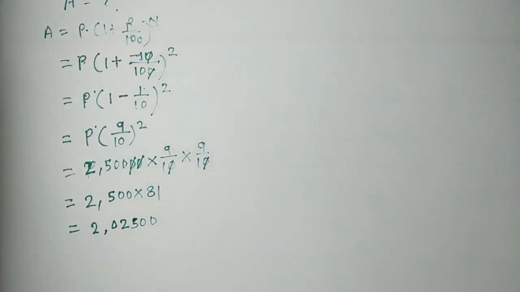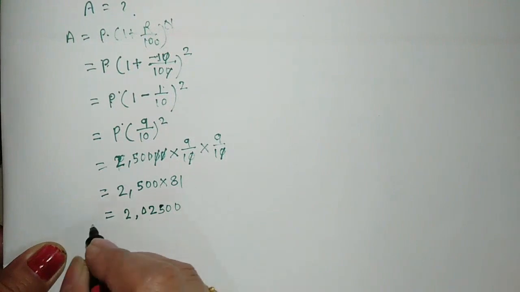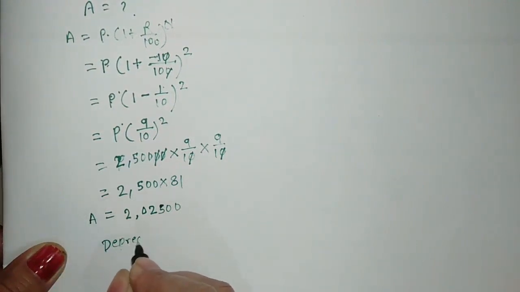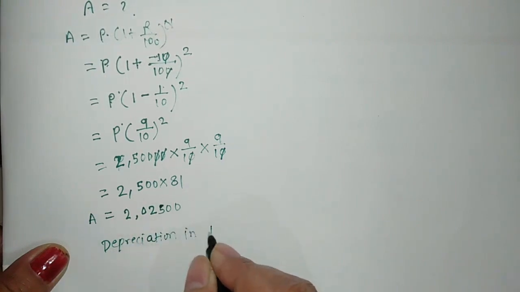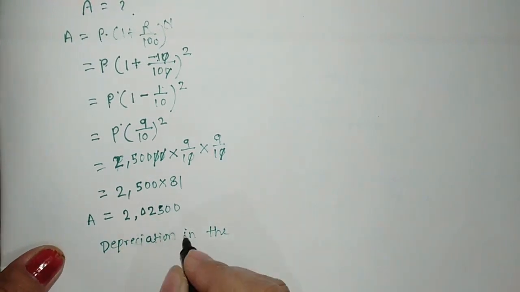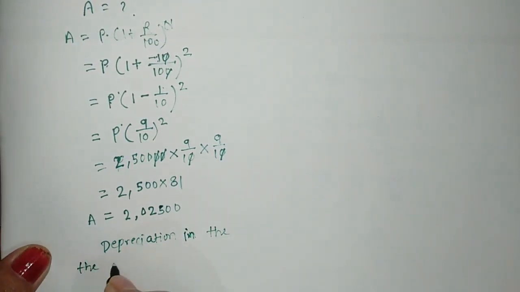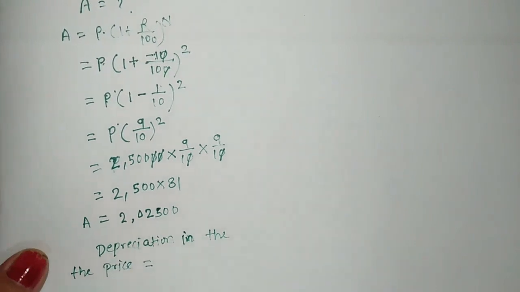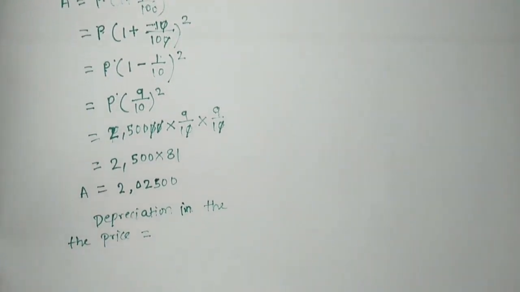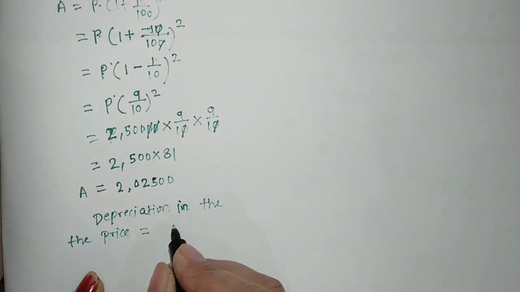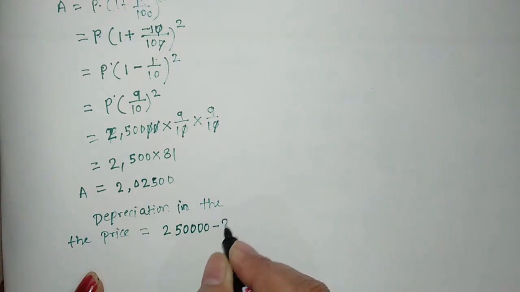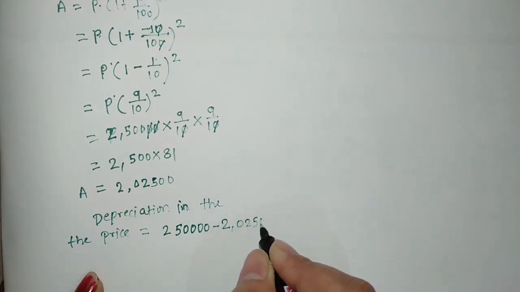So in the question, depreciation in the price is asked. So depreciation in the price is equal to principal, means 2,50,000 minus 2,02,500.